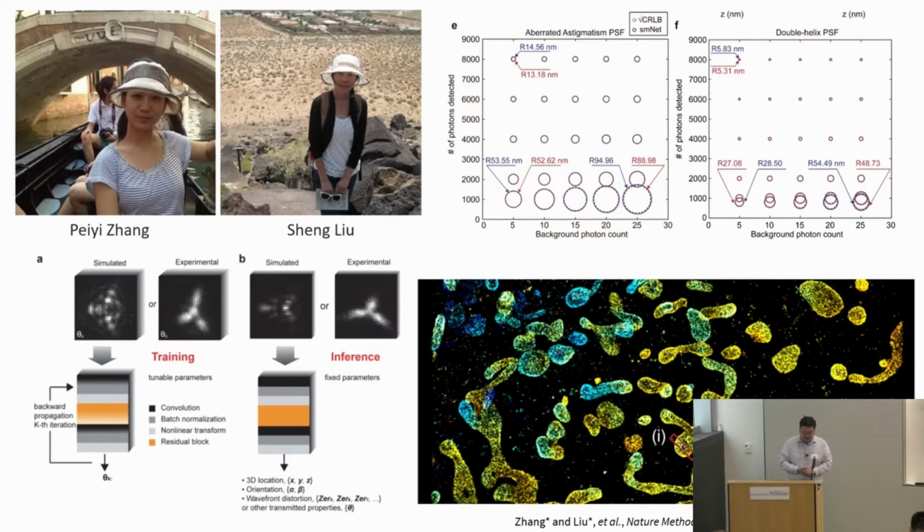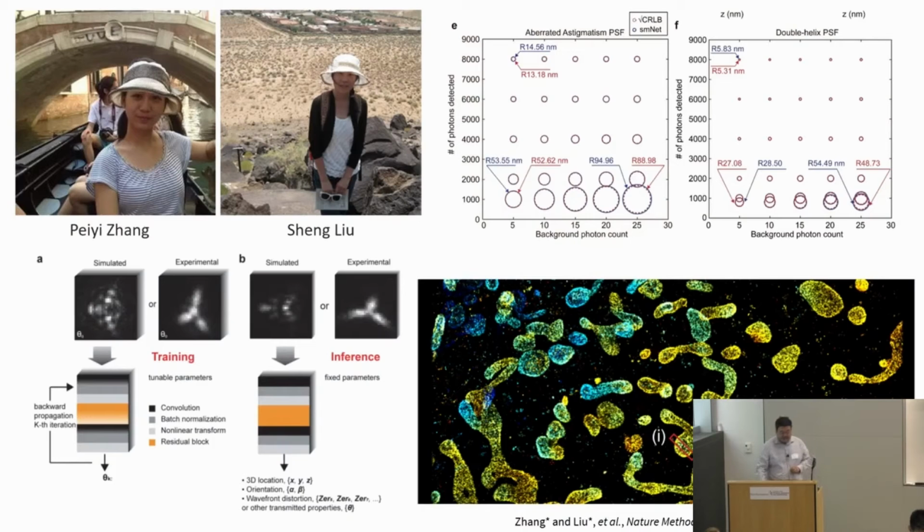What we achieved is that we can train this network with simulated or experimental PSFs, very complex ones. After training, we can estimate from very complex point-spread function patterns, and the multiplex information they contain, their 3D location, orientation, and wavefront distortions.